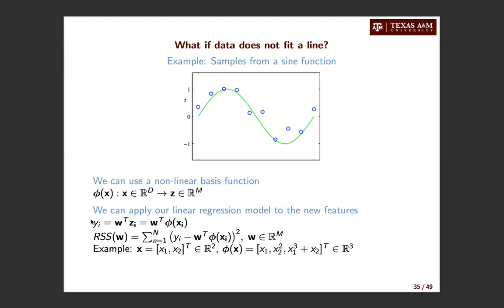Now, similarly to linear regression, what we want to do is find an optimal set of weights that best approximates our data. And we can do that by calculating the RSS error between our original labels and our predicted values from the transformed nonlinear space.